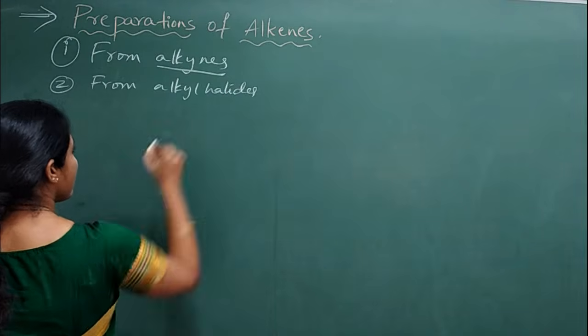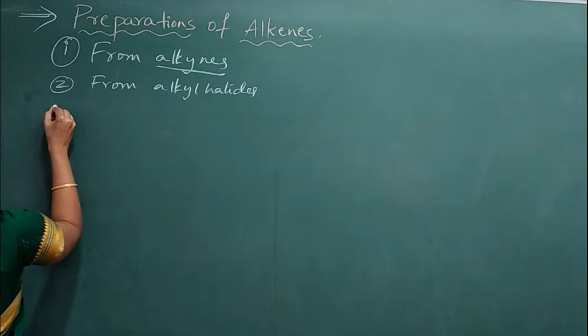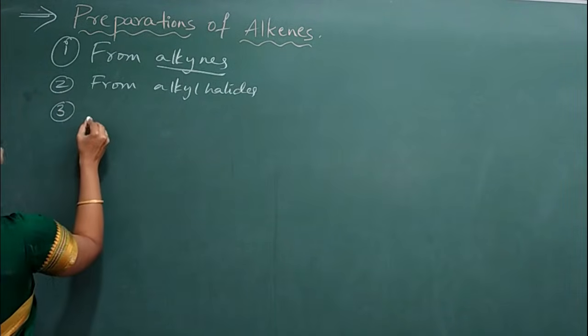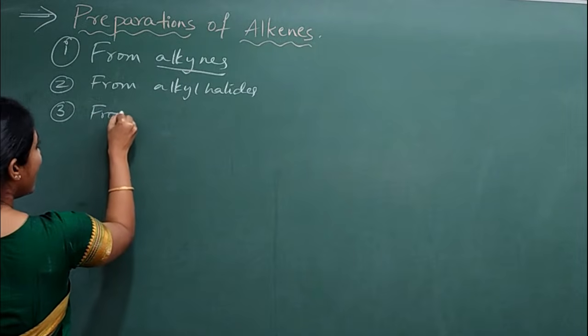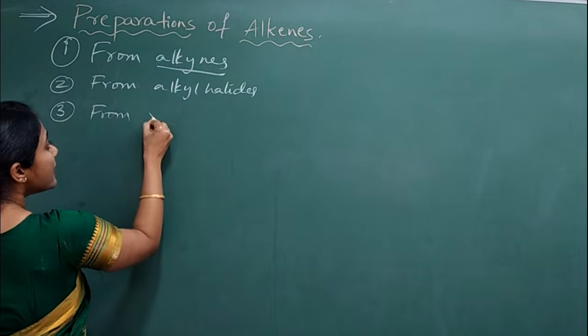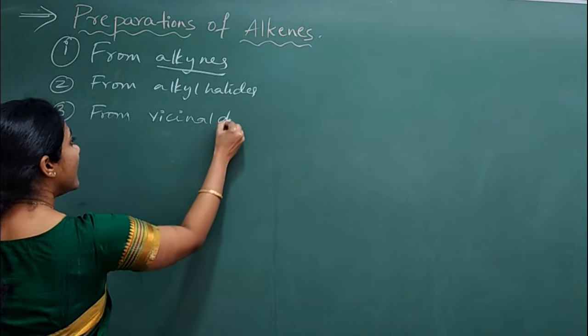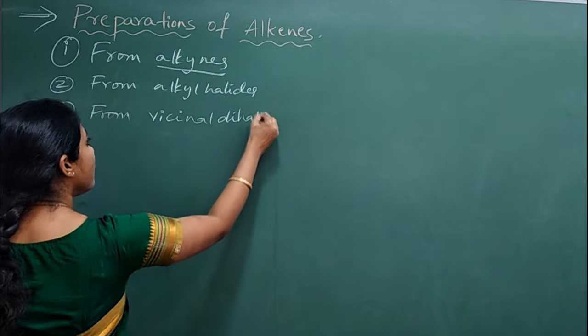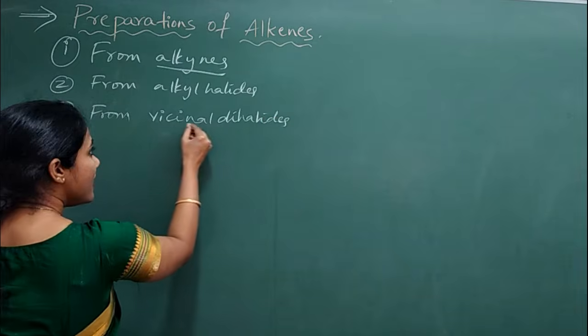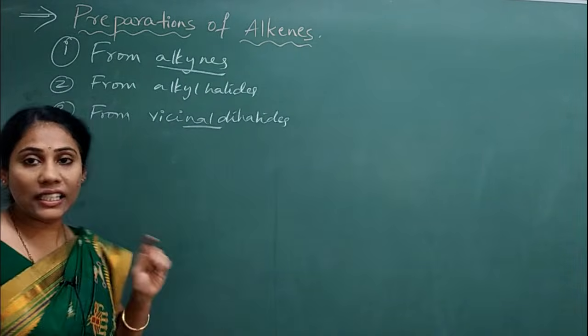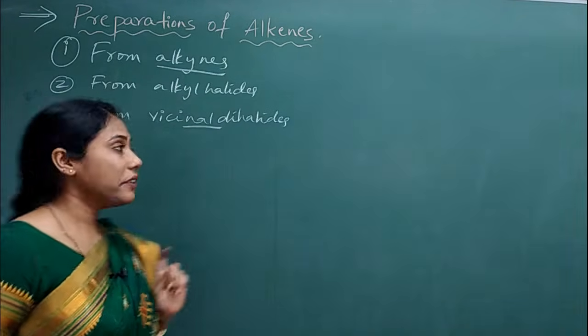Third method is preparation of alkenes from vicinal dihalides. Actually, vicinal dihalides is a type of alkyl halide itself. Clear?